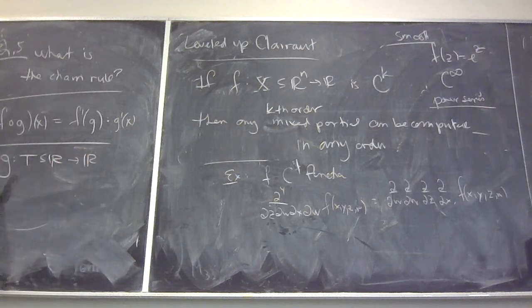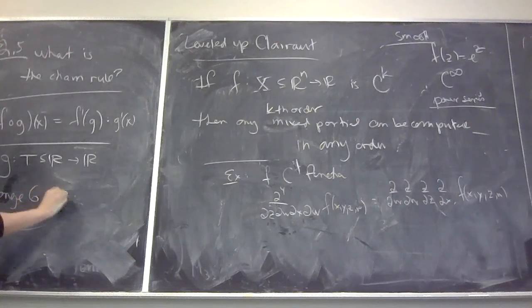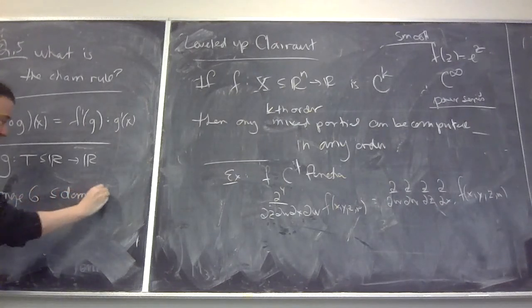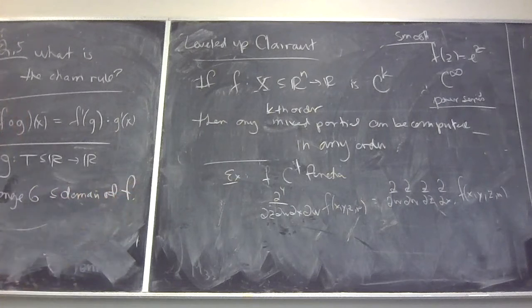It had better be the case that the range of g lives inside the domain of f. Because if g is spitting out values f doesn't know what to do with, the whole thing breaks down. Right? There's nothing to be done.